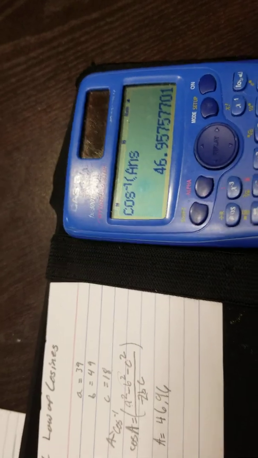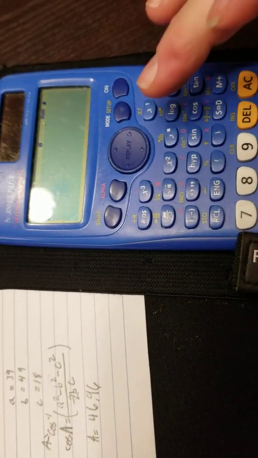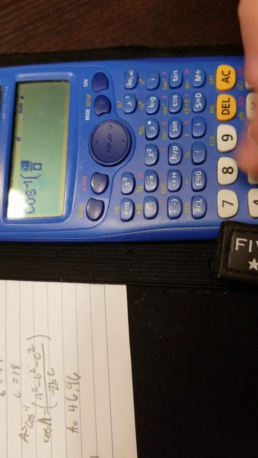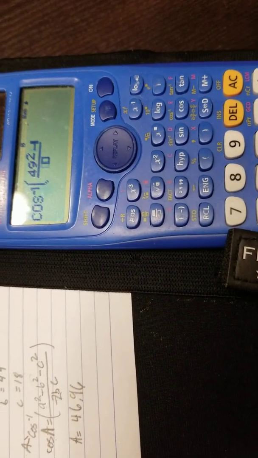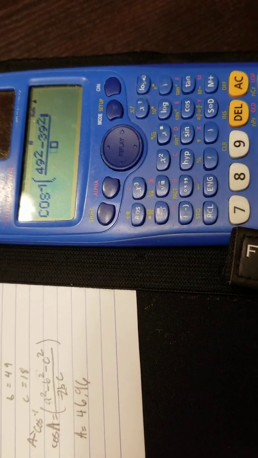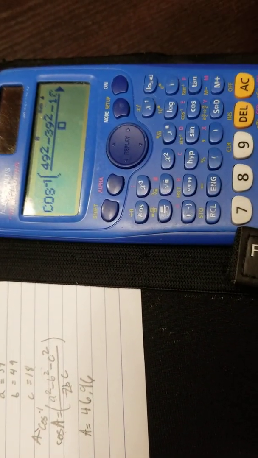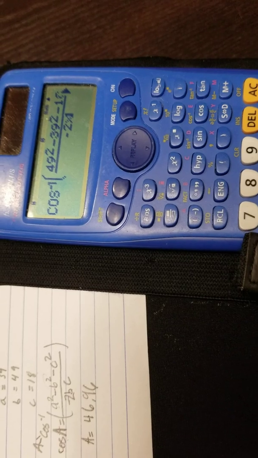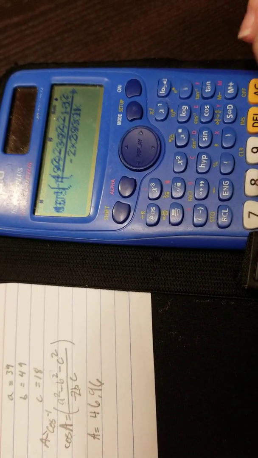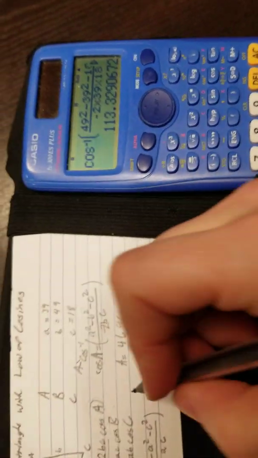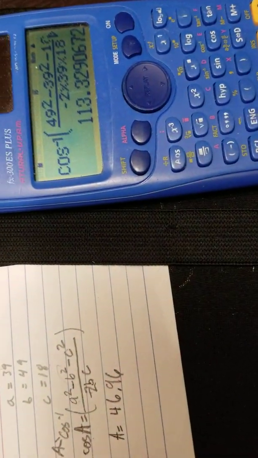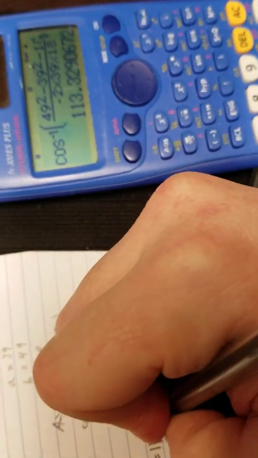Now I'm going to do this all in one step: cosine inverse of the fraction b squared, which is 49 squared, minus 39 squared minus 18 squared, all over negative 2 times a, which is 39, times 18. So B will be 113.33.